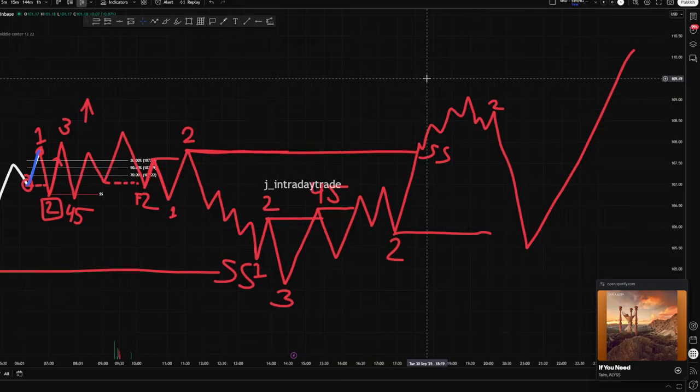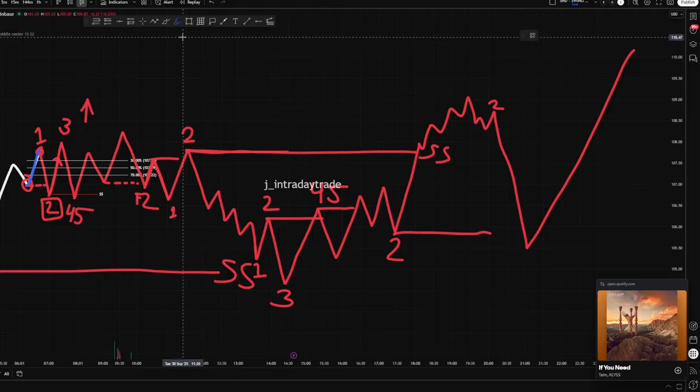I want everybody to look at the chart, what just happened. Again, everybody just focus down on my screen right now. Look at this. Take note of this, everybody.